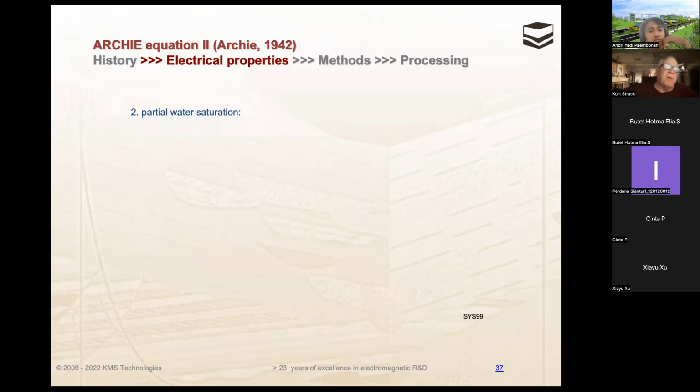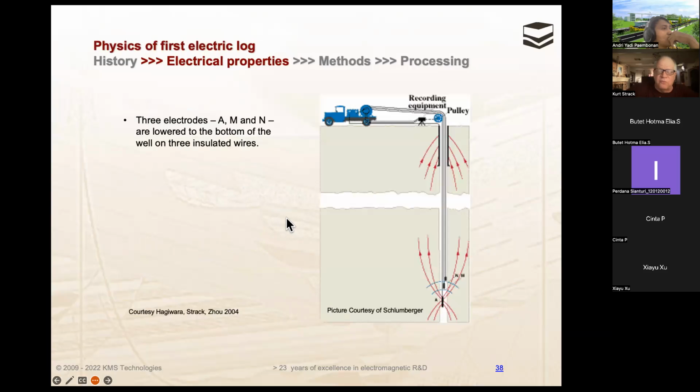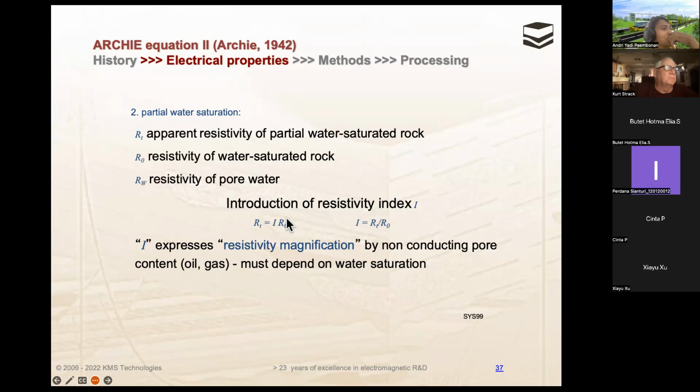Now let's talk about partial water saturation. Partial water saturation we have when a rock is partially saturated with hydrocarbons and then with water. And in partial water saturation, we introduce the resistivity RT, which is a true partial water saturated rock. And we can say RT is nothing else than a different proportionality factor times the fully water saturated rock resistivity.